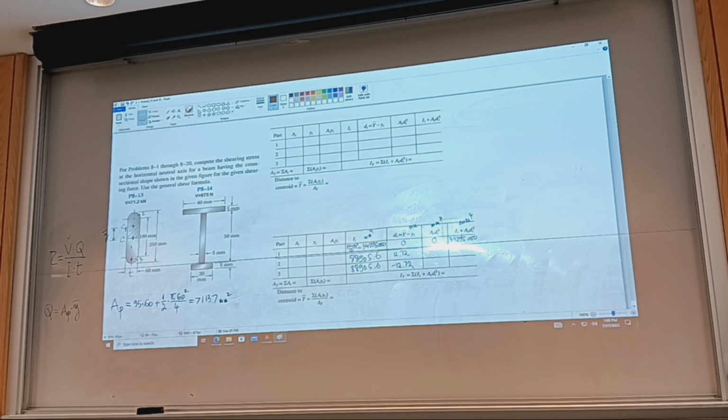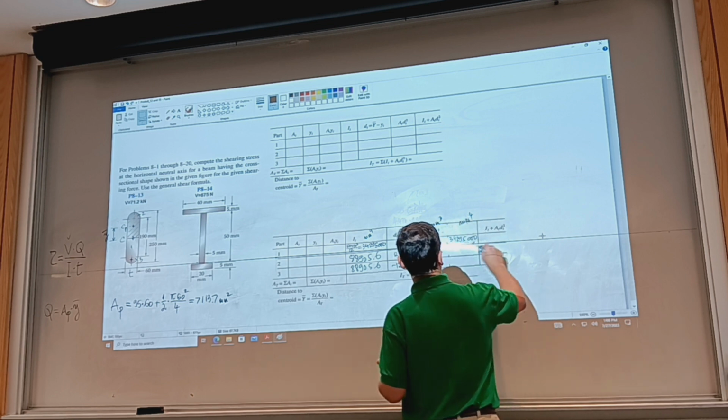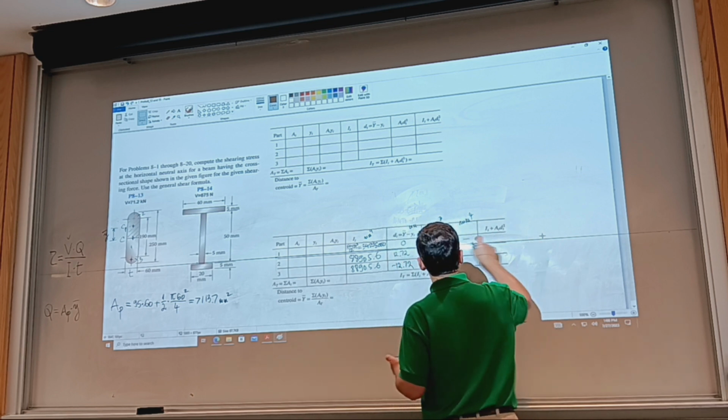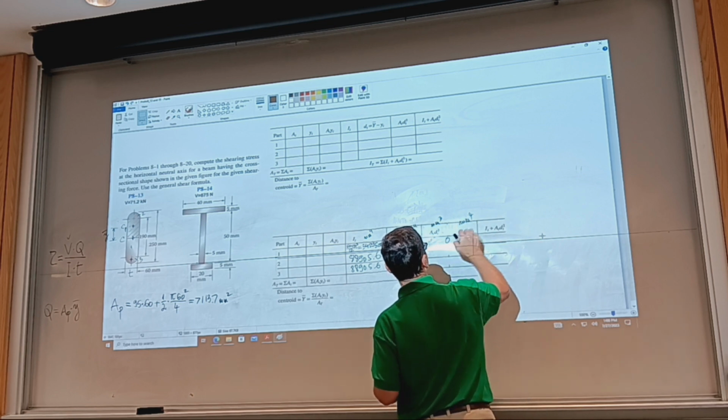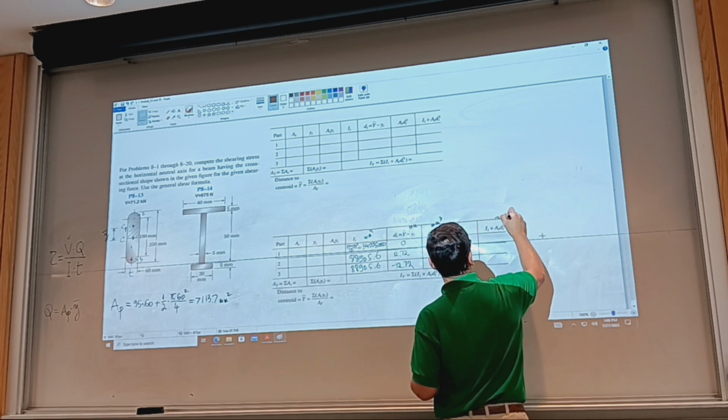Copy, paste, and delete this. Okay, I think I have more space. Of course, I need to shift this millimeter to the power 4.